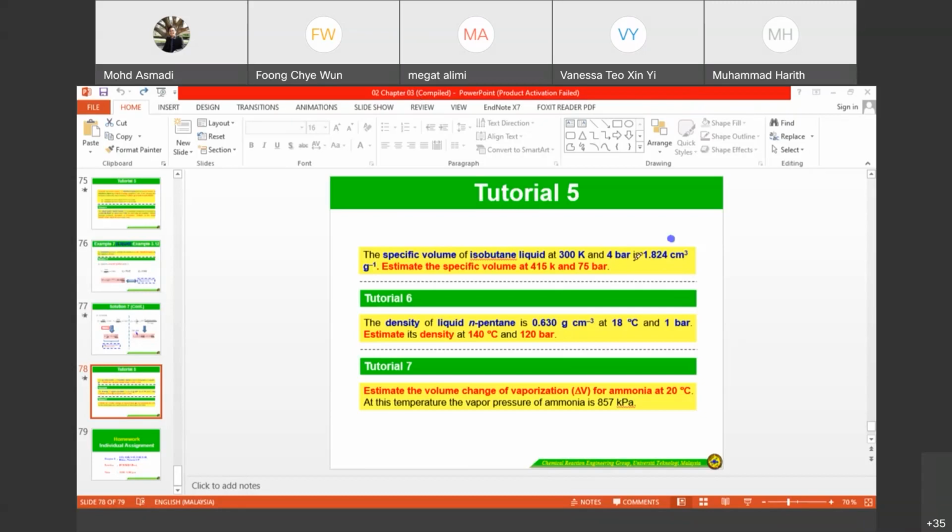It's given already, V1 is given. Why can we not use it for the second condition? Because TR and PR are outside of the region, so we cannot use it. If you calculate using it, you would get PC and ZC. I think that is one of the reasons for the second condition, that it is outside of the region.